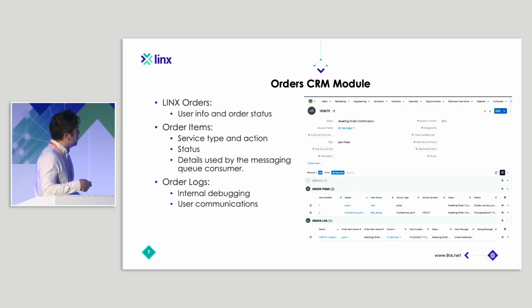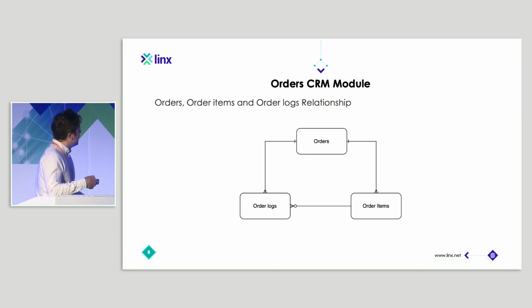Second, the order items, which contain the actual information on what is being ordered, so the service type and the action that we need to do on that, then the status of each order item, and details used by the messaging queue consumers, with information about what was actually ordered by the user. And then order logs, which have internal debugging information for our internal use, and also user communication information, which is the very same that is exposed on the portal by API.